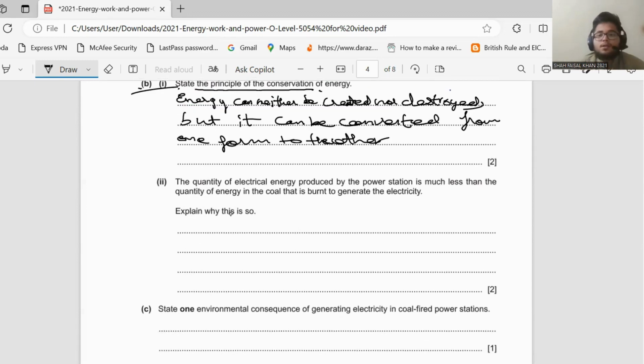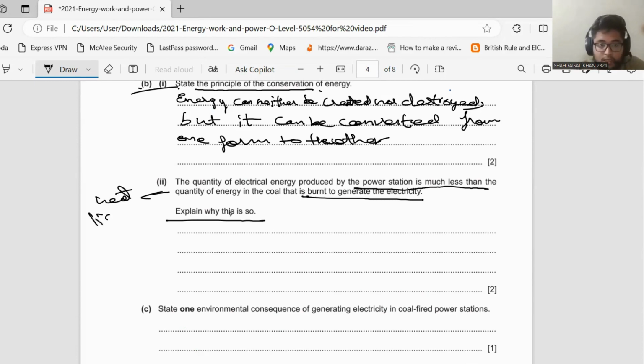So now let's do the other part. The quantity of electrical energy produced by the power station is much less than the quantity of energy in the coal that is burned to generate the electricity. Explain why this is so. The two reasons are that heat energy is produced in this reaction and light energy is also produced. So basically, the chemical energy of the coal is transferred to heat plus light energy, and also there is friction.